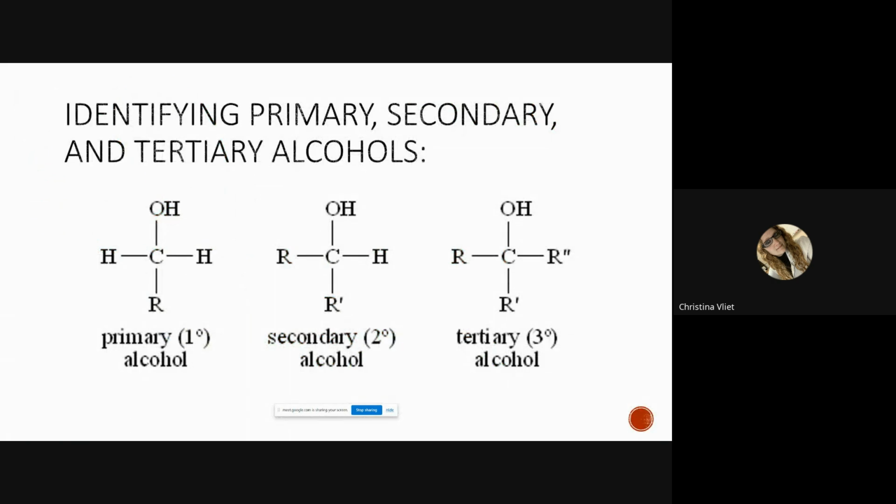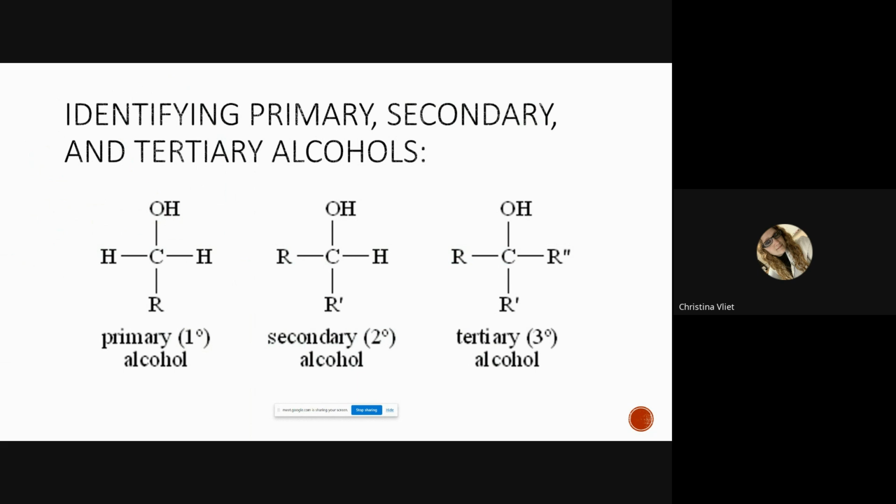All right, continue. So, identifying primary versus secondary versus tertiary alcohols. In alcohols, we have a little bit of extra work we have to do. You have to be able to look at an alcohol and determine if it's considered primary, secondary, or tertiary. Now, what does this mean?